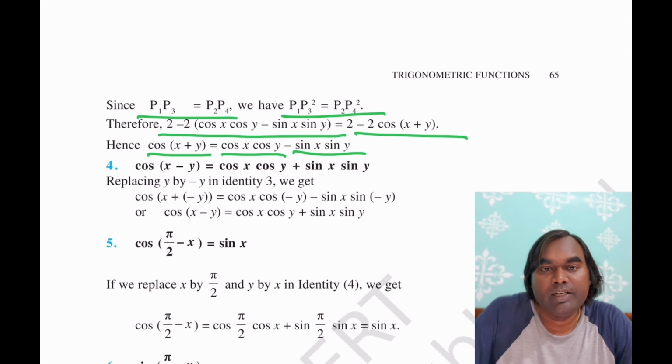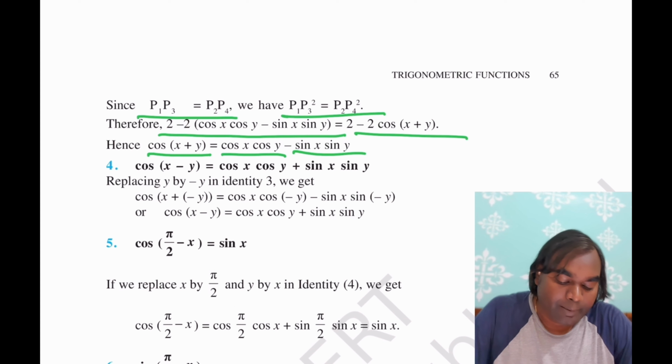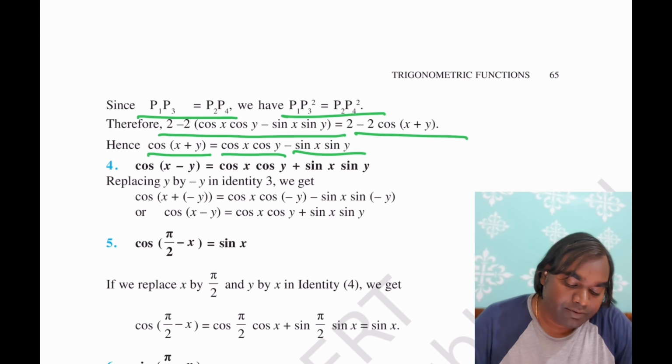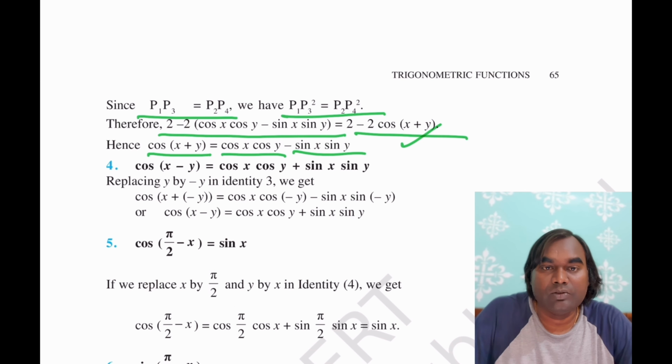Similarly, we can calculate cos(x minus y) by replacing y by minus y in the above identity, and we get cos(x minus y) is equal to cos x into cos y plus sin x into sin y.